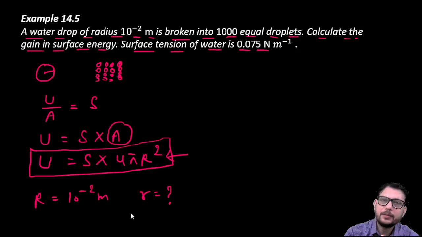We can calculate it by using the concept of constant volume, because the big drop is converted into 1000 droplets. It means the volume must be the same. And if the volume is the same, then what can we write?